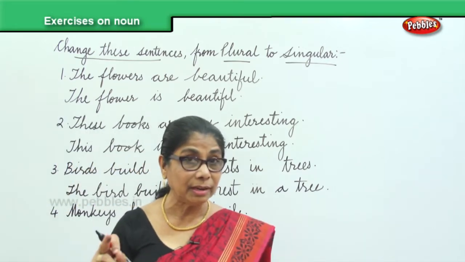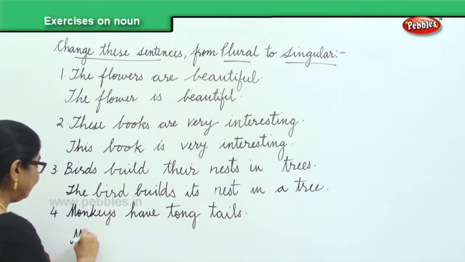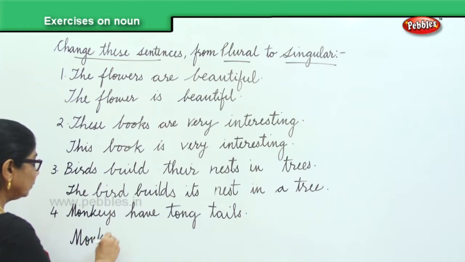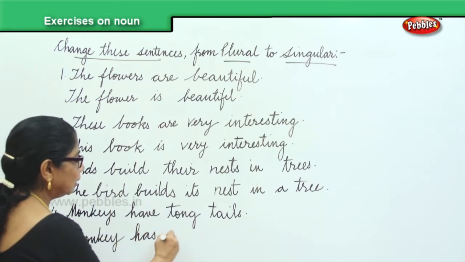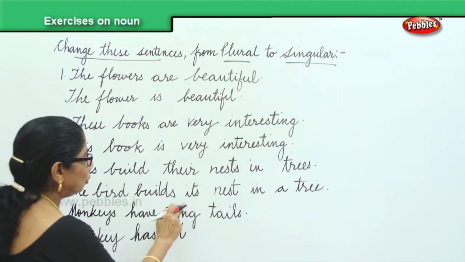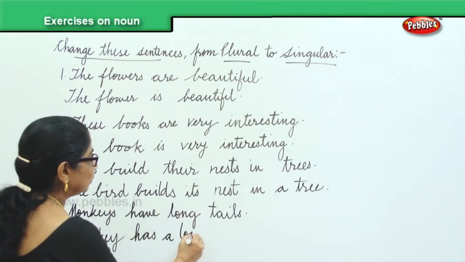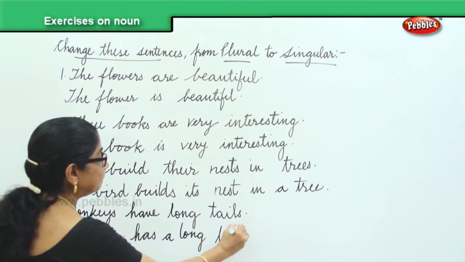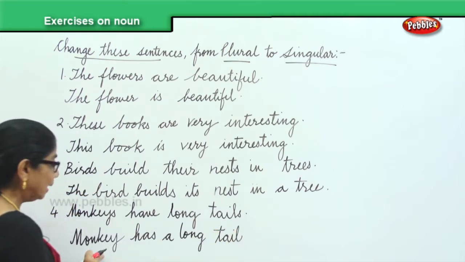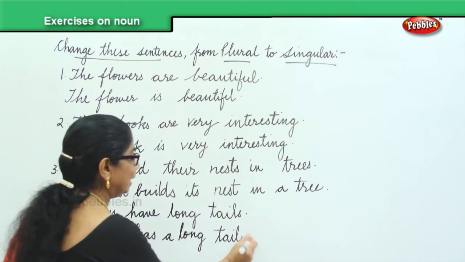So what will you say singular? Monkey has. Very good. Monkey has a long tail. Tails become tail.